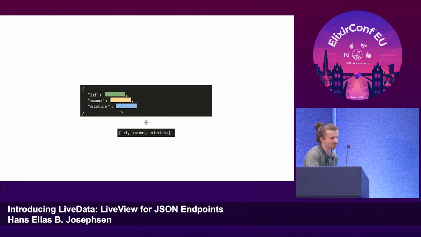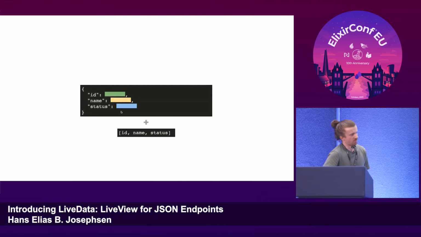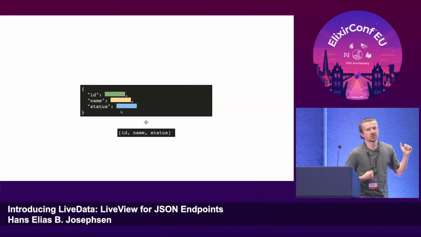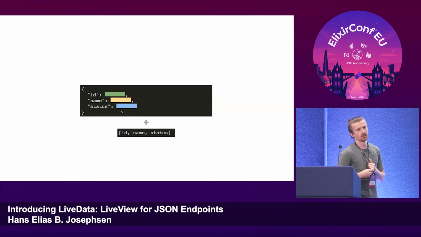So I want to go back to this a little bit again, but I want you to imagine something different. You have the user here, returned in a LiveData endpoint, but the user changes their status. When the user changes their status, we don't necessarily need to send the ID and the name over again, right? We want to send just the status that changed.